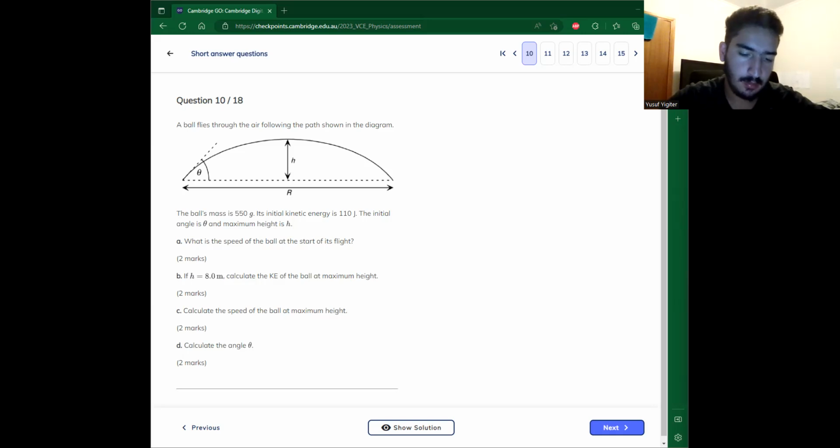So I can say gh, which is 9.8 times 8 meters. Now the energy of the potential component is 78.4 joules. Let's just say 78 joules.